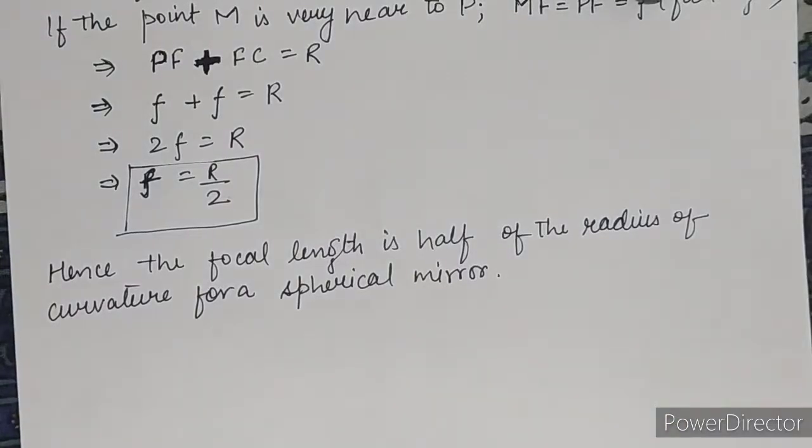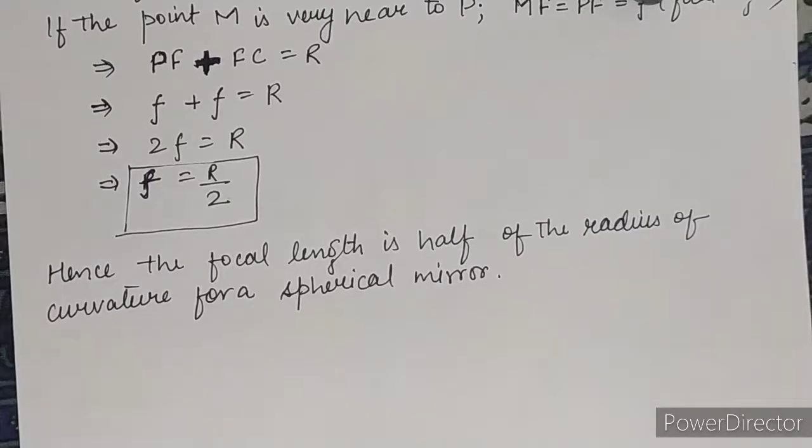Okay, so the focal length is half of the radius of curvature for a spherical mirror. Even this formula you have used in your 10th standard, but there was no kind of derivation there, but here we have an authentic derivation for this. Clear? This is about it.